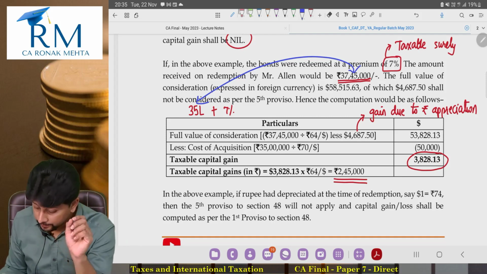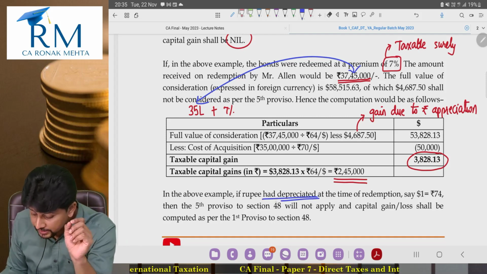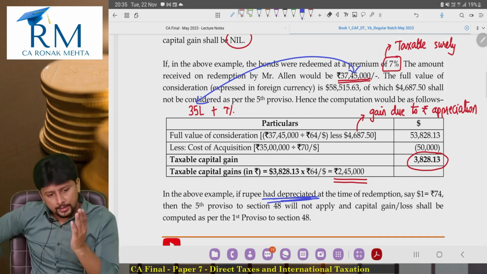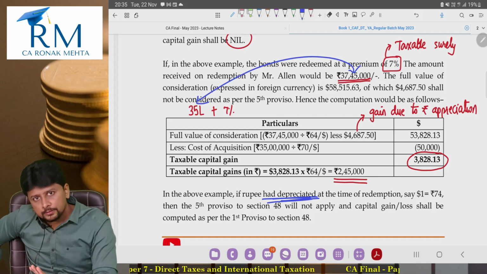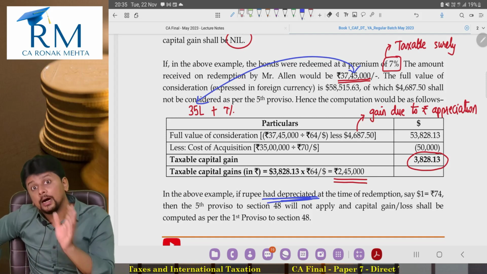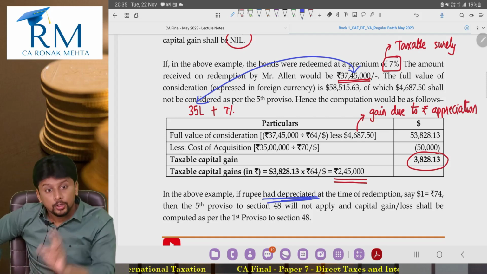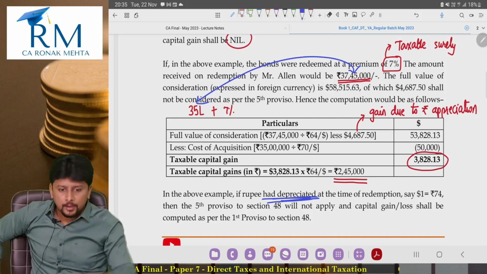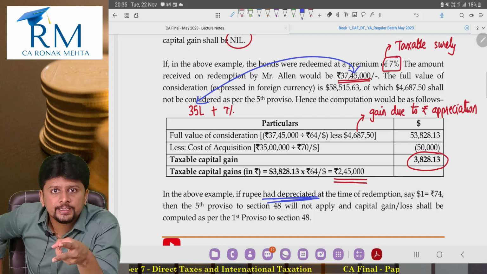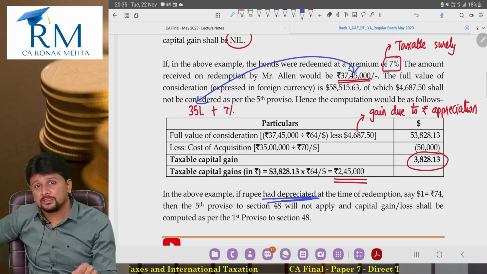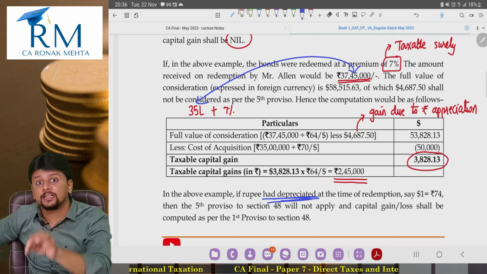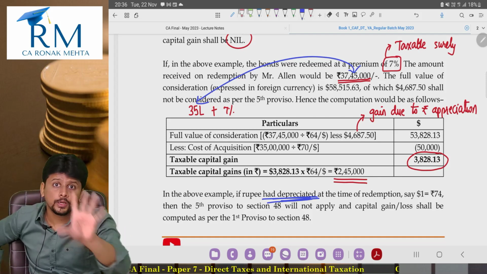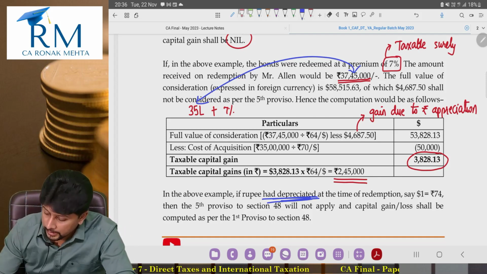Third example, if rupee had depreciated. Now use your common sense. If rupee appreciates, there is a gain for the non-resident at the time of redemption. That means if rupee depreciates, there is a loss for that non-resident at the time of redemption. Now this proviso is only talking about the appreciation situation.